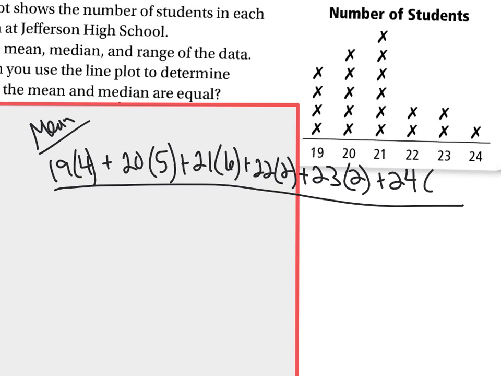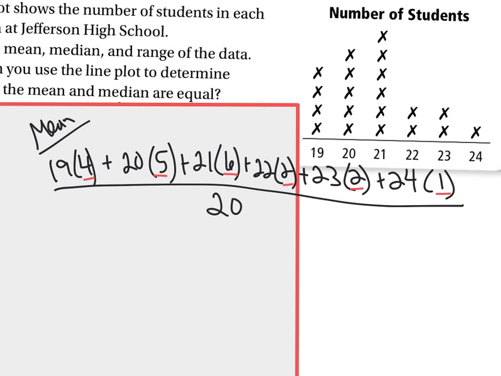The last one's just 24. If you want to put 24 times 1, you can. A reason for putting that would be that then, if you're doing this consistently, you can look at how many numbers you have all together. If you want to just go back and count up all the X's, that's fine also. So either way, there would be 20 numbers altogether. So we're going to end up taking our total and dividing by 20.